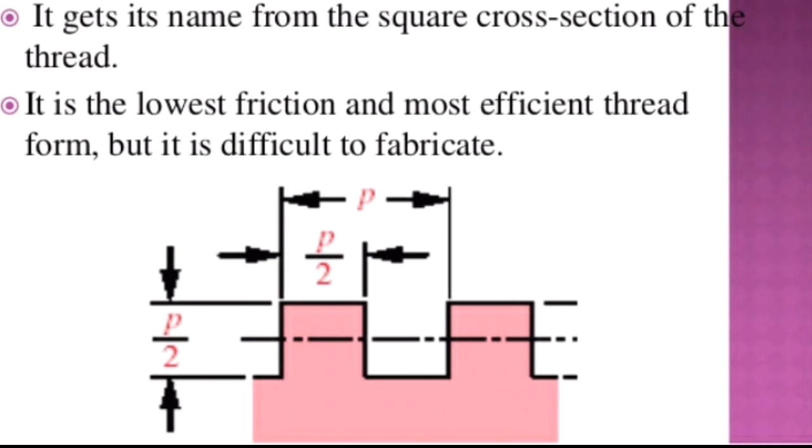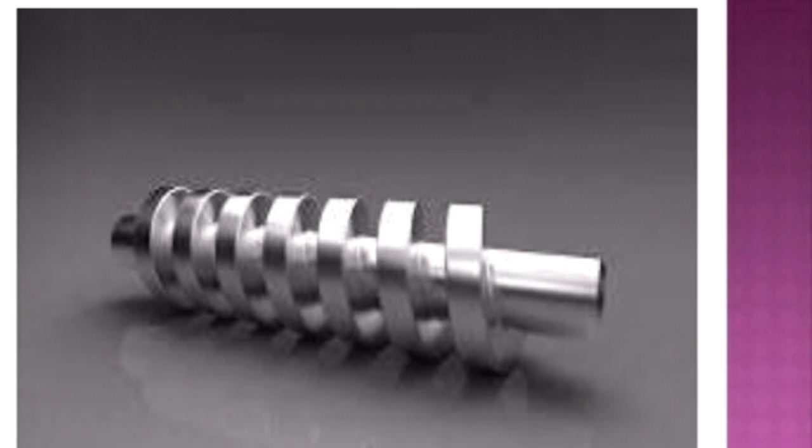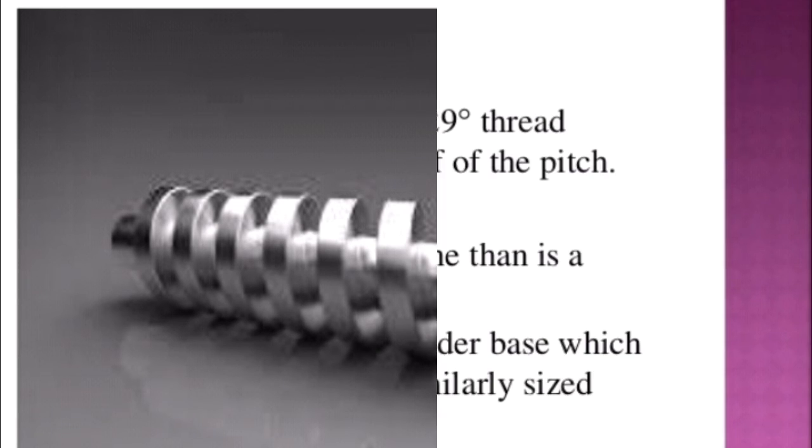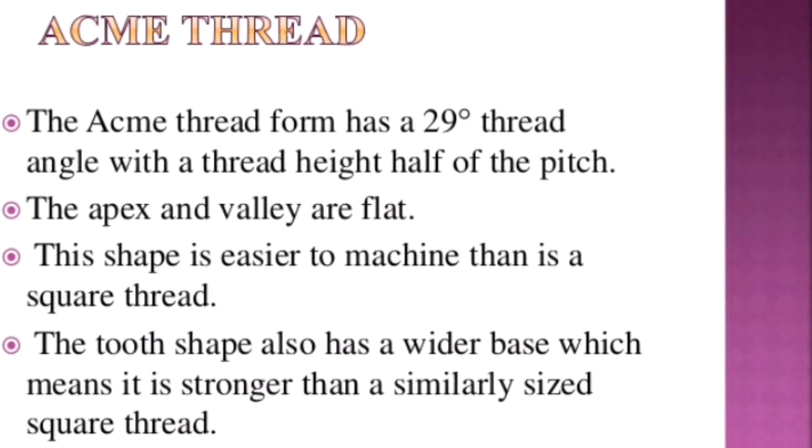Next we are going to discuss ACME threads. Before that, it's better to see the square thread. So this is an example of a square thread. ACME threads are a modification of the square thread, with a slight slope given to its sides. That slope is a 29 degree thread angle, with the thread height half of the pitch. The apex and valley are flat for ACME threads.